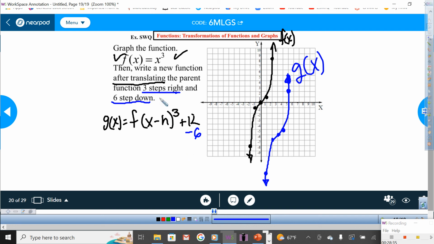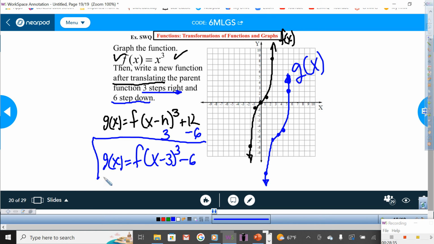H for what? 3 for h. 3 to the right, that is correct. So we write g of x equals x minus 3 cubed minus 6, and this is our new function.